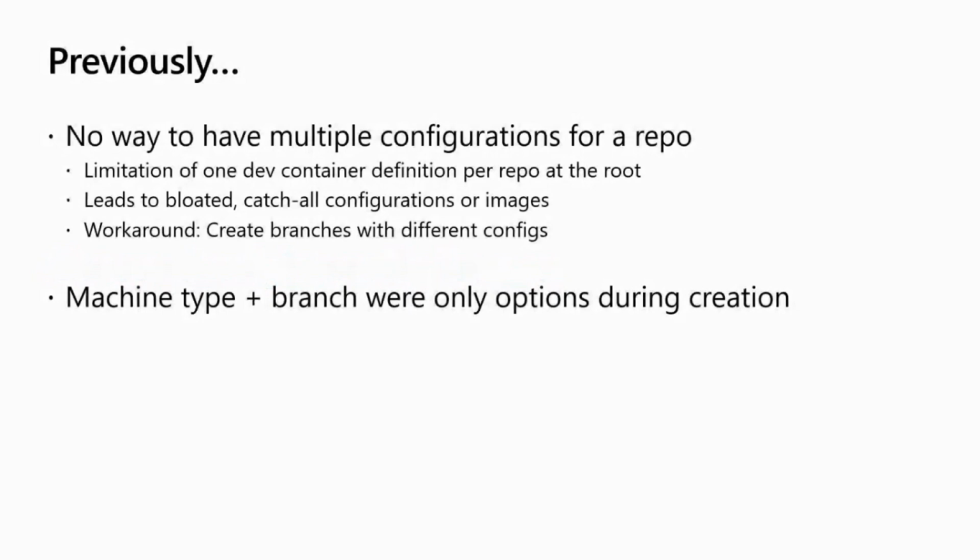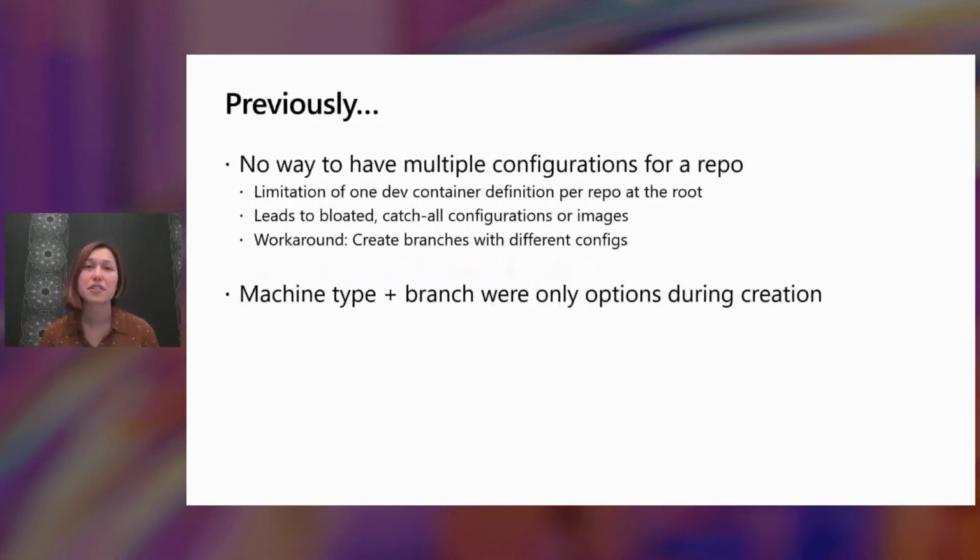Previously, if you worked in, say, a monorepo, there was no real way to have multiple configurations for it. You had to have one dev container definition at the root of the repository. And this often led to really bloated catch-all configurations for the repo.